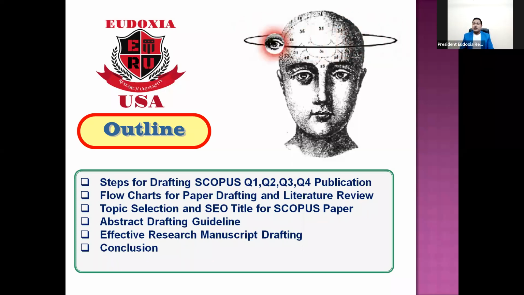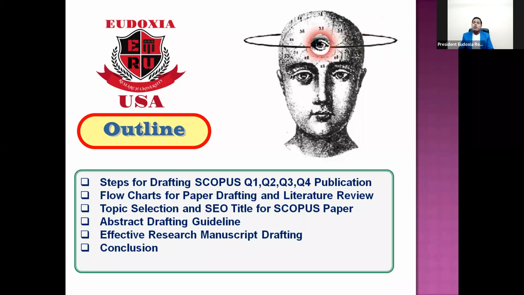Of course, these are the quartile categories of the journals: the first 25% of Scopus-based journals is Q1, the next 25%, from 26 to 50, is Q2, the next 25% is Q3, and the rest of the journals are Q4.